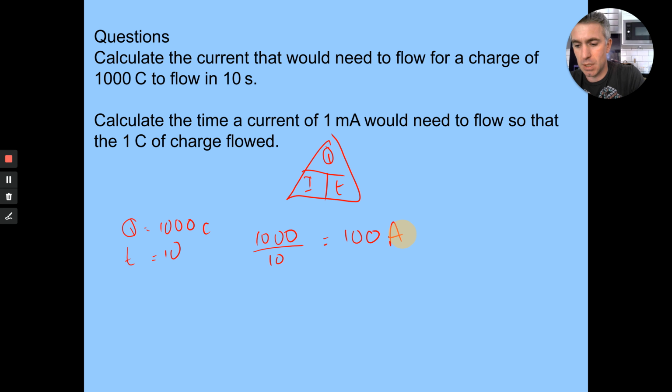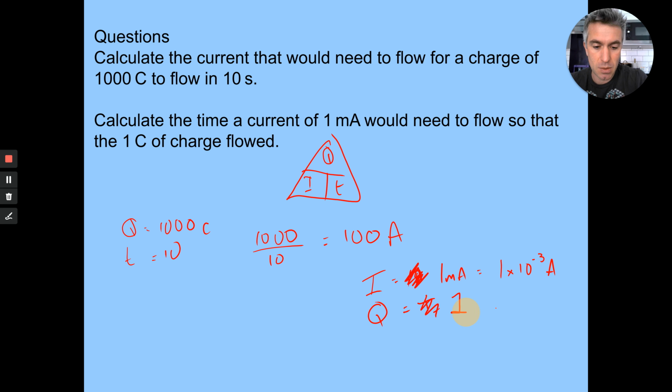The next one is trickier because it's giving you a prefix, so it's standard form. So again, you write down what you know. So I'll do it over here. I is 1 milliamp, which is the same as 1 times 10 to the minus 3 amps. And Q is 1. So it wants to know a time.